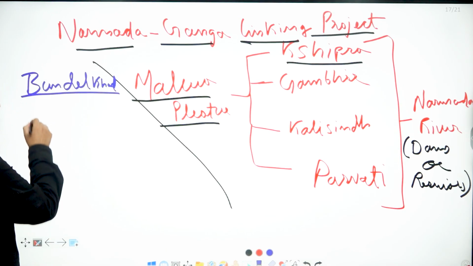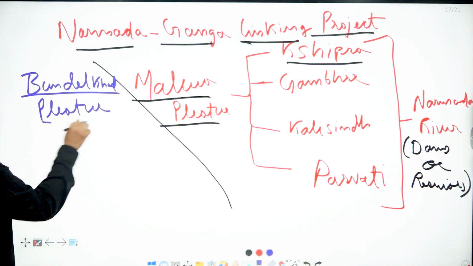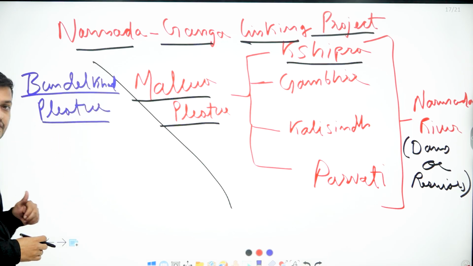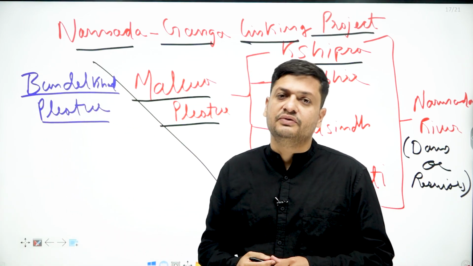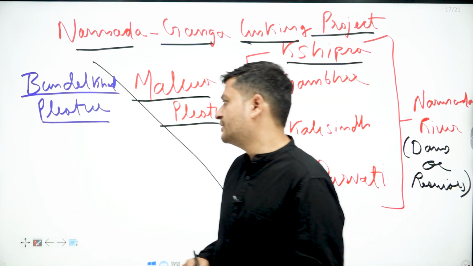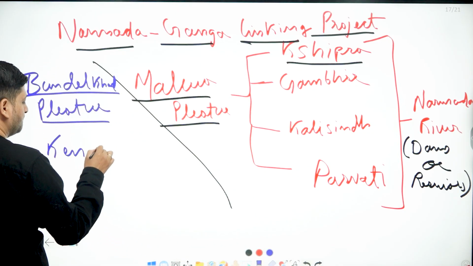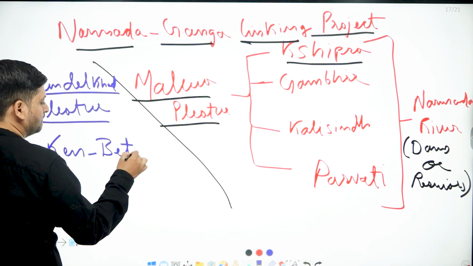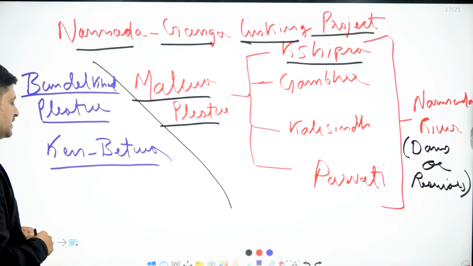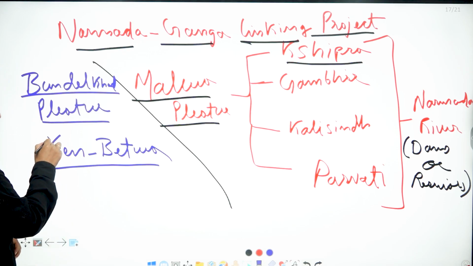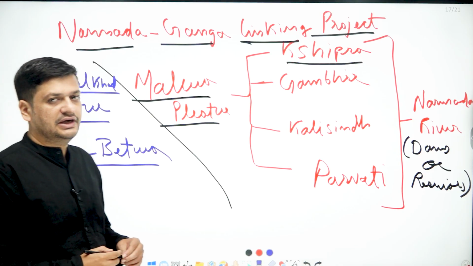If we talk about the Bundelkhand Plateau, the very prominent proposed river linking project is the Ken Betwa river linking project. The Ken Betwa river linking project is a proposed project, and it can change the fate of Bundelkhand Plateau.